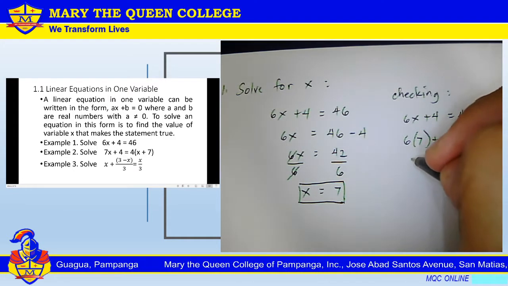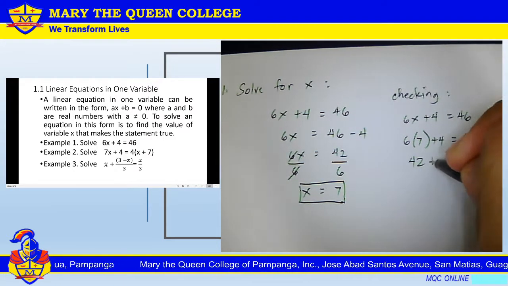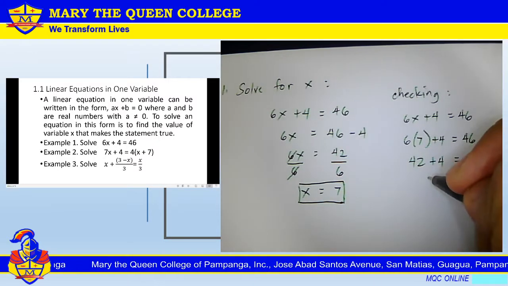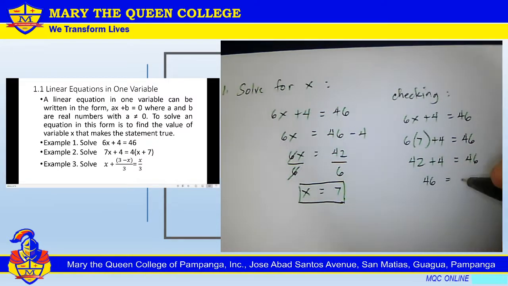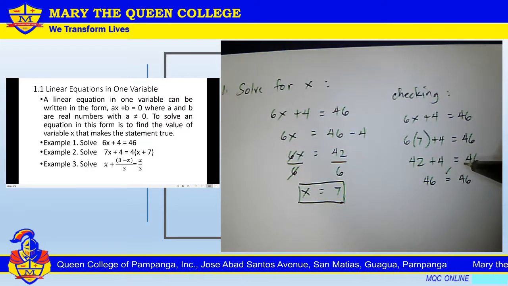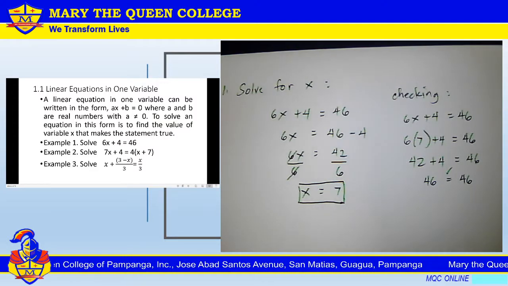Multiplying 6 times 7, you will get 42 plus 4 equals 46. Then 42 plus 4 is 46, which equals 46. The left and the right side are equal, therefore our solution, which is 7, is correct. I'm sure you already remember this kind of example from your high school and senior high mathematics.